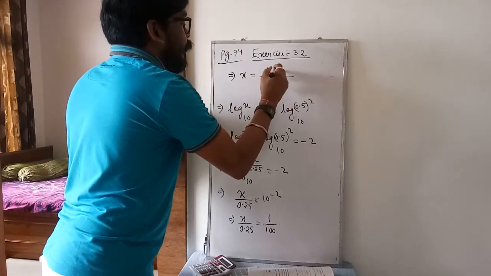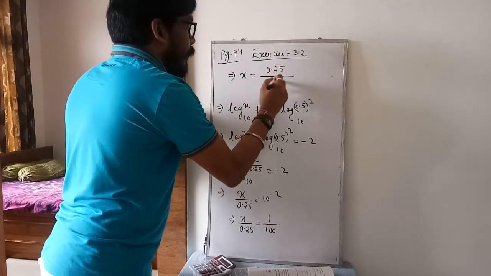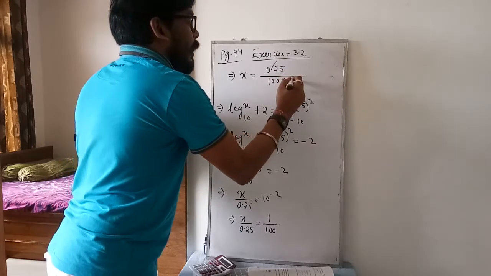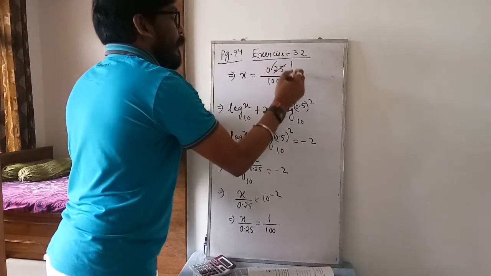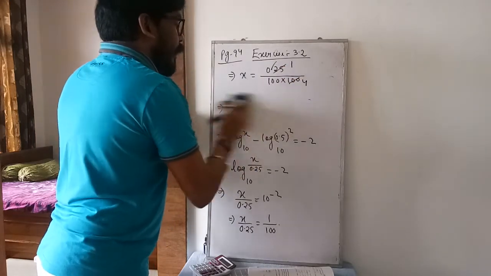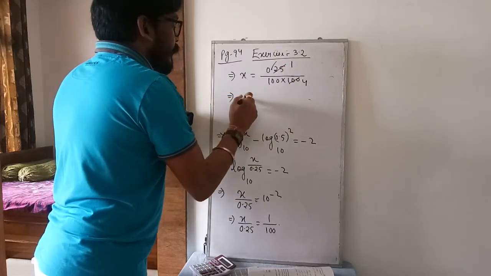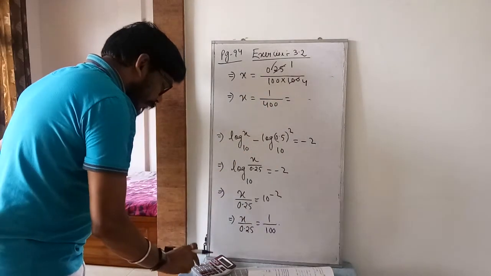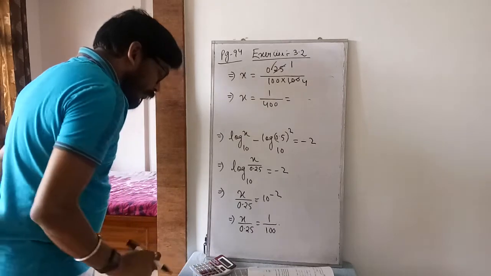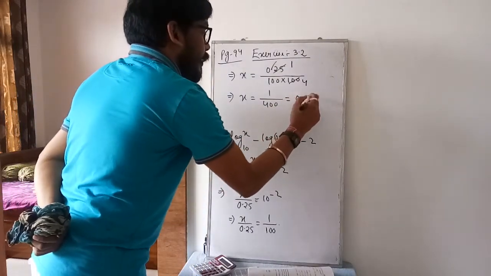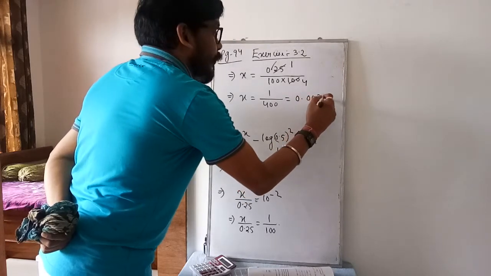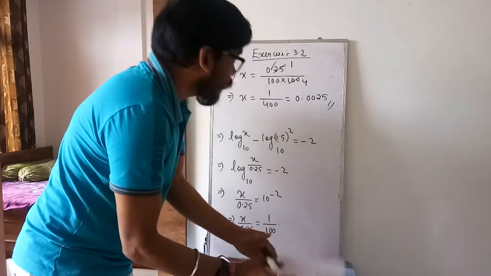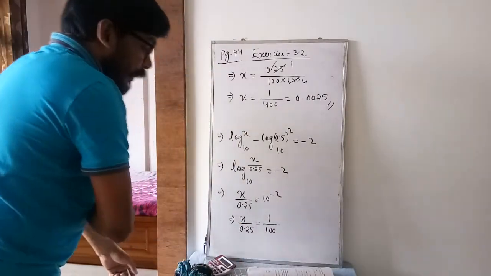It will be 0.25 by 100. If I remove the decimal, it is 25 by 10000, so it is 1 by 400. x equal to 1 by 400, and dividing 1 by 400, it will be 0.0025. So this is the final answer. Take the screenshot.